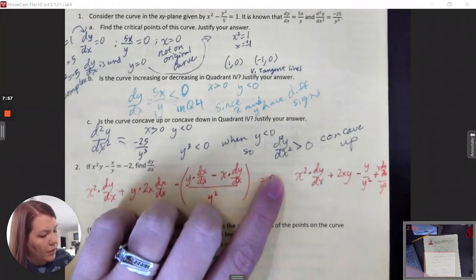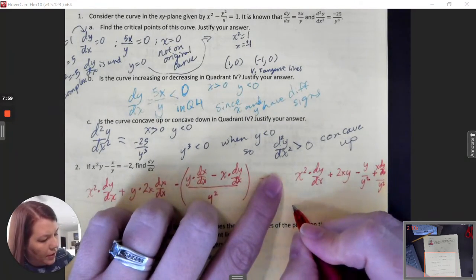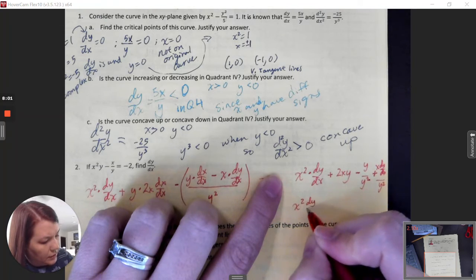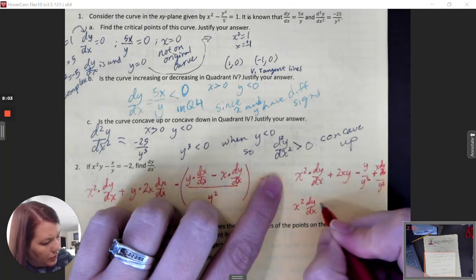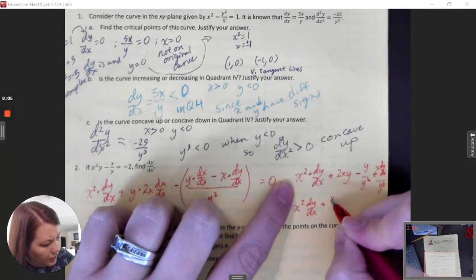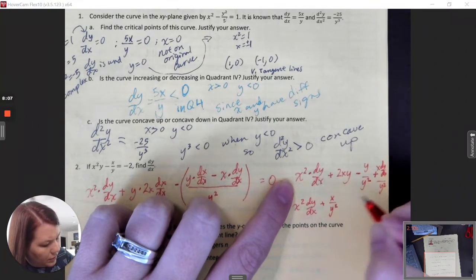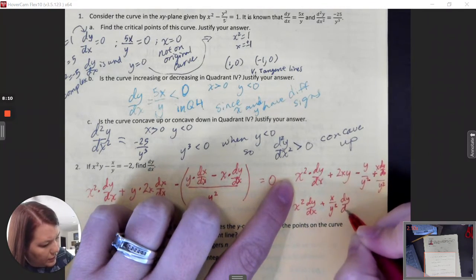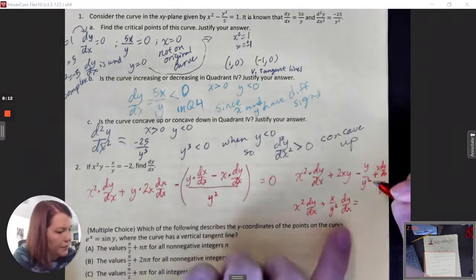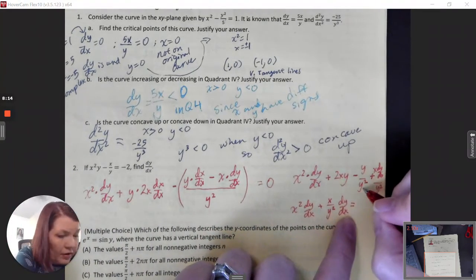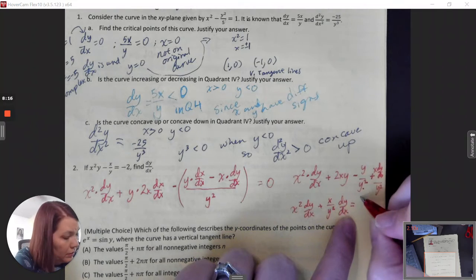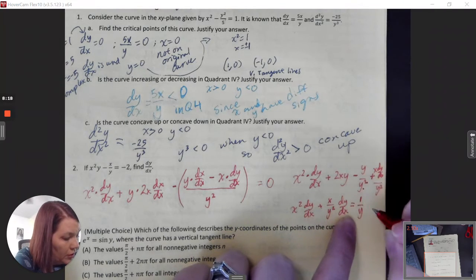Gathering, we have x squared dy dx plus x over y squared dy dx equals, y divided by y squared is 1 over y, changes to positive, minus 2xy.